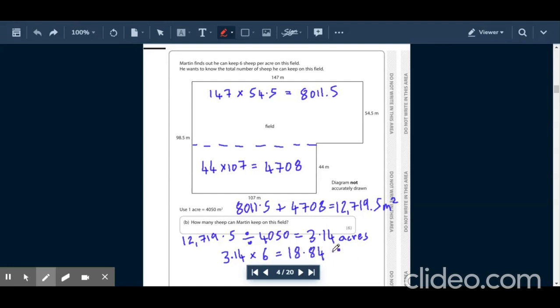And that is the number of sheep. I also just think about this in a physical sense. So I can't have 18 and then 0.84 of a sheep. So in total, the most amount of sheep you can have is 18 sheep. And that's my final answer.